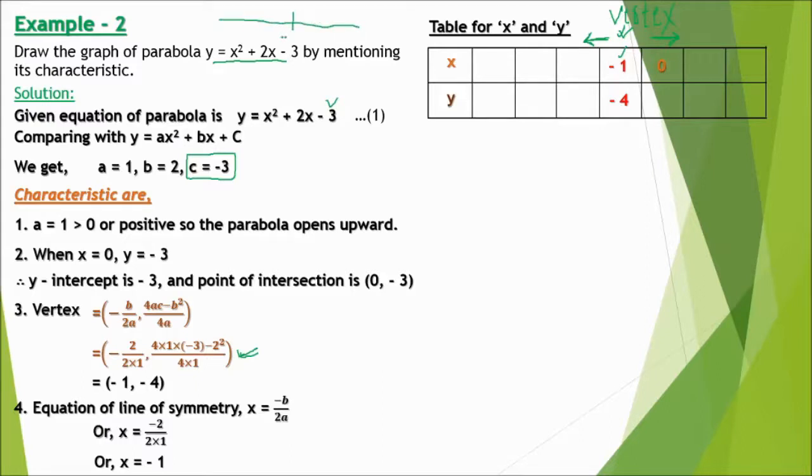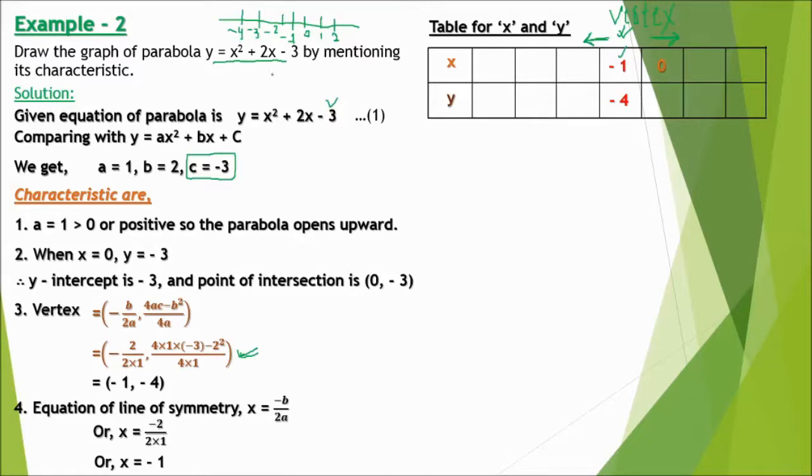Here it is -1. On the right side of it will be 0, it will be 1, it will be 2. On the same number line, on the left side it will be -2, it will be -3, it will be -4, and so on. So you can get the idea of those values of x from the number line also.